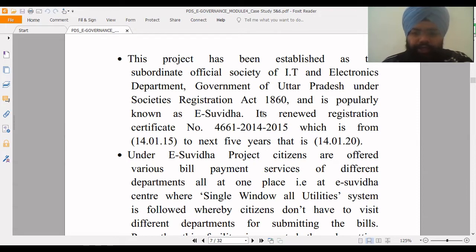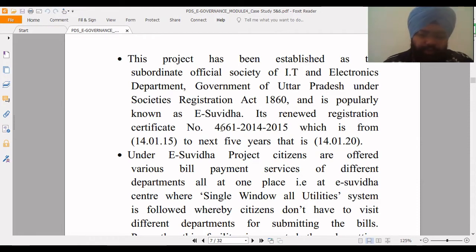Its renewed registration certificate number is 4661 of 2014-2015, valid from 14 January 2015 for the next 5 years, that is, till 14 January 2020.